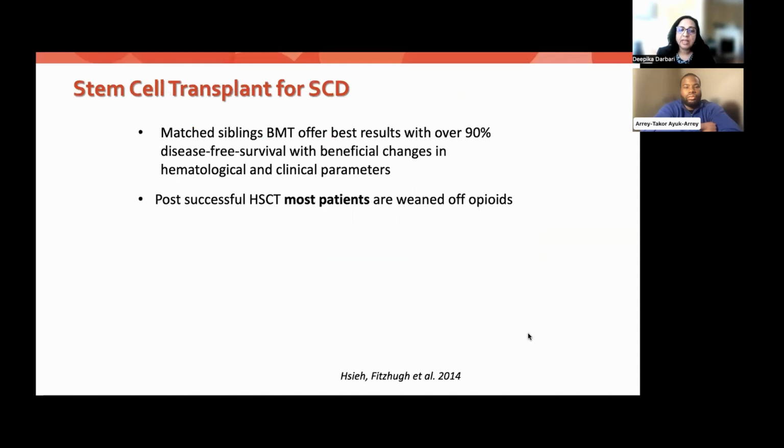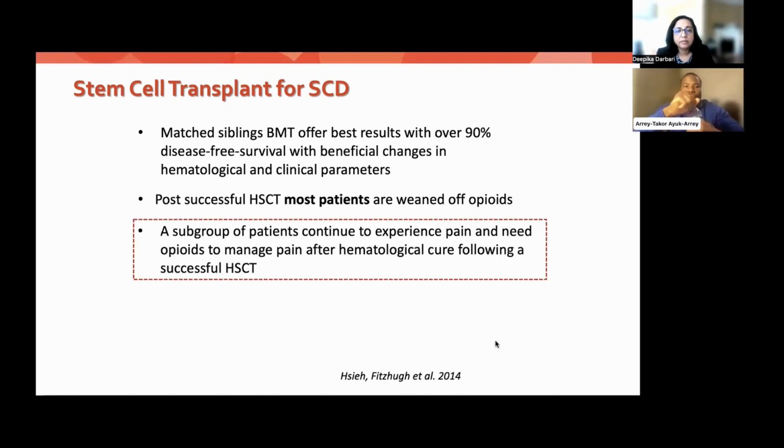So what happens after a person gets a bone marrow transplant? It's very clear, and as you heard earlier, that most individuals, if the transplant is successful, their pain goes away. They don't have pain, and if they were taking opioids for controlling their pain or other pain medication, the use of pain medications goes down. Next slide, please.